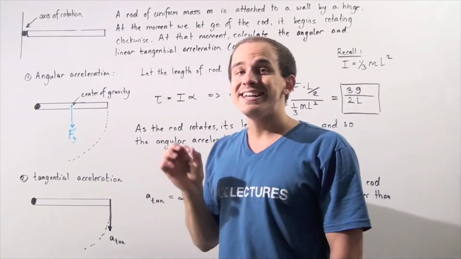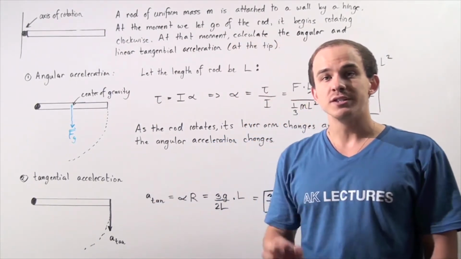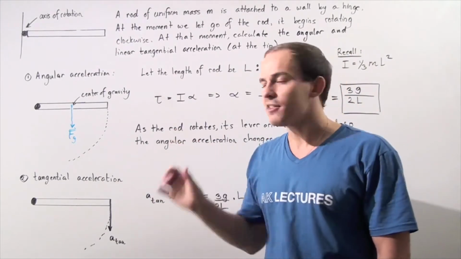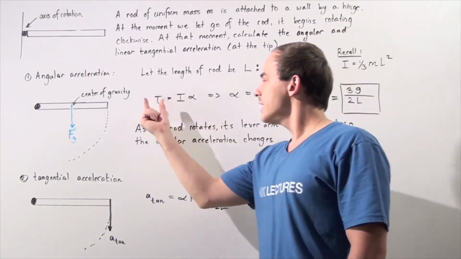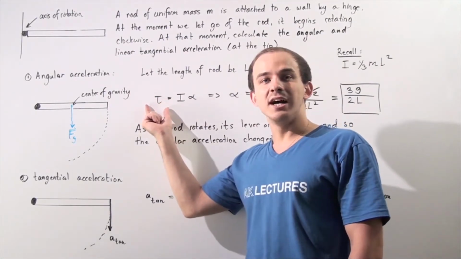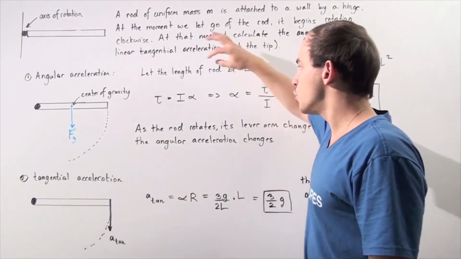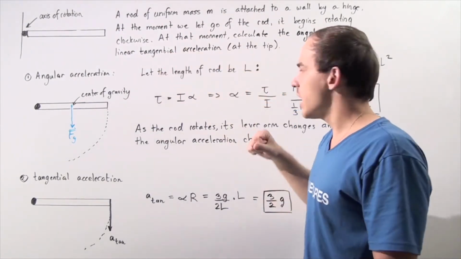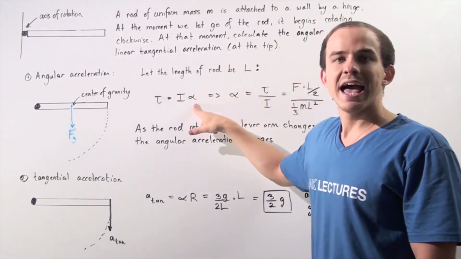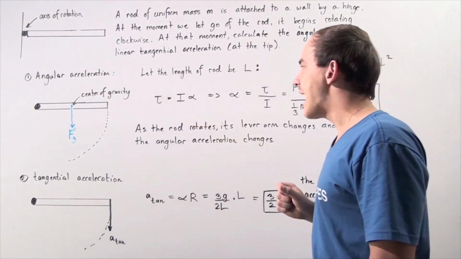Recall that our analogous equation for Newton's second law of motion for angular motion is given by the following formula: the net torque acting on the object is equal to the moment of inertia multiplied by the object's angular acceleration, which is given by alpha.